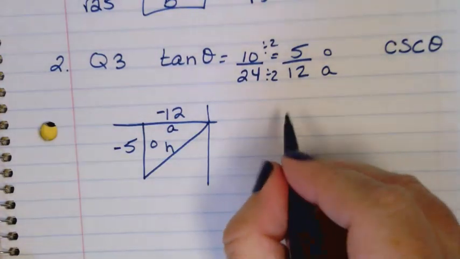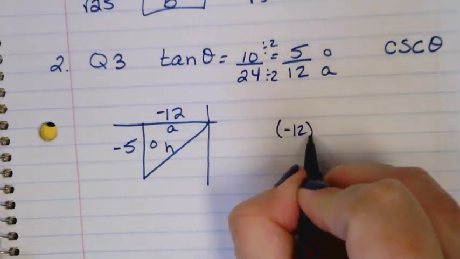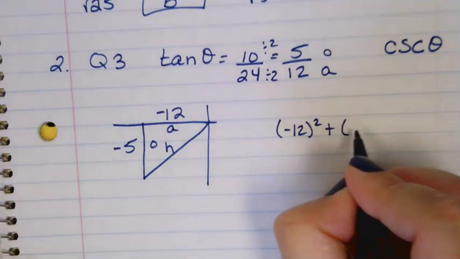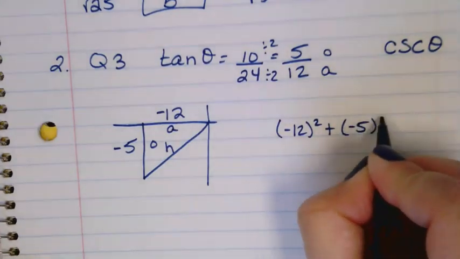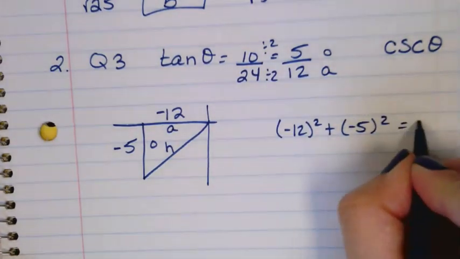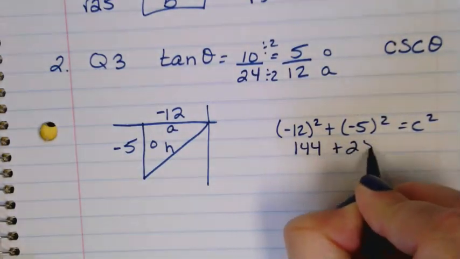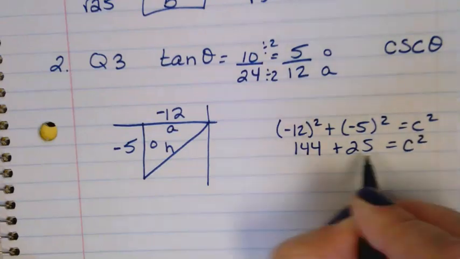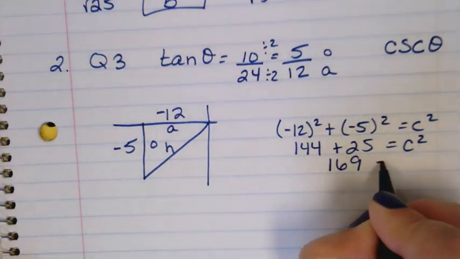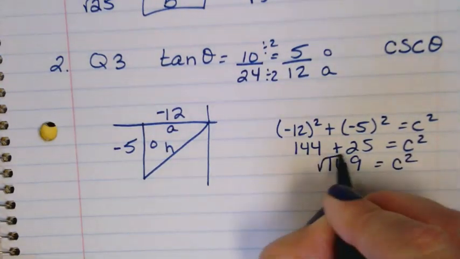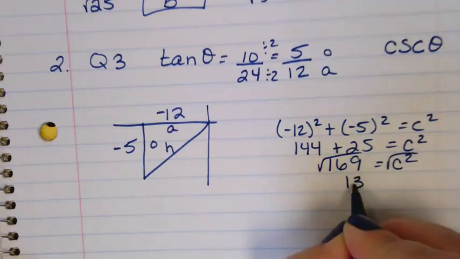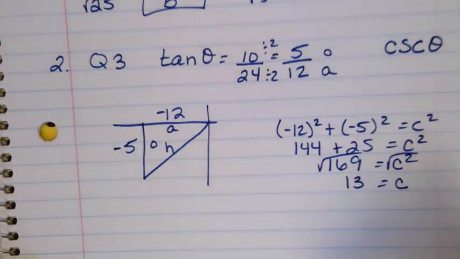So here we go. So -12 squared plus -5 squared equals c squared. So 144 plus 25 equals c squared. Add this and we get 169. Take the square root, we get 13. Just 13.